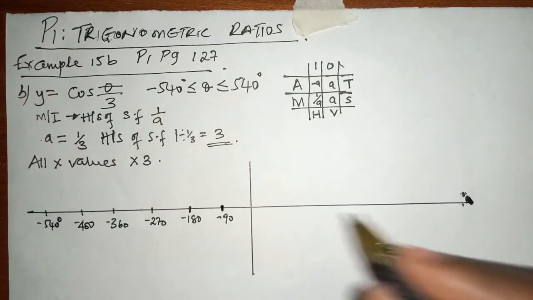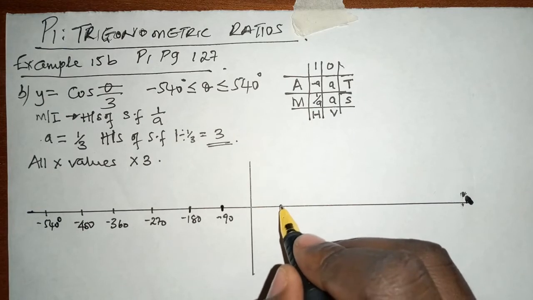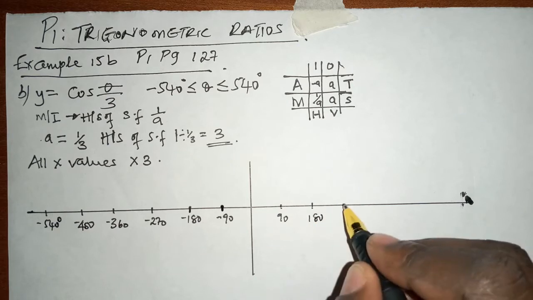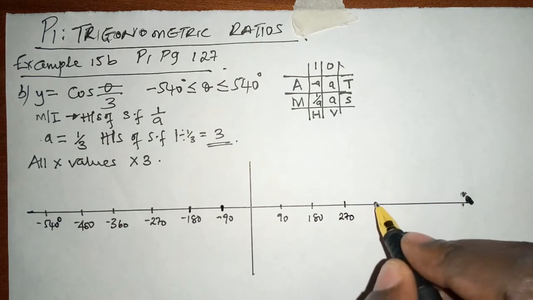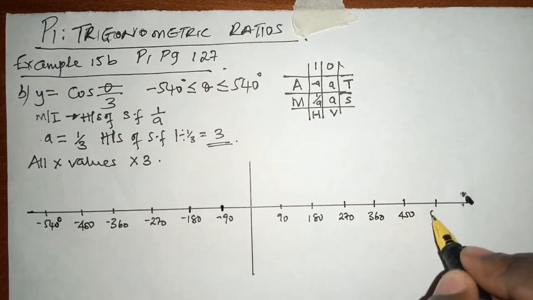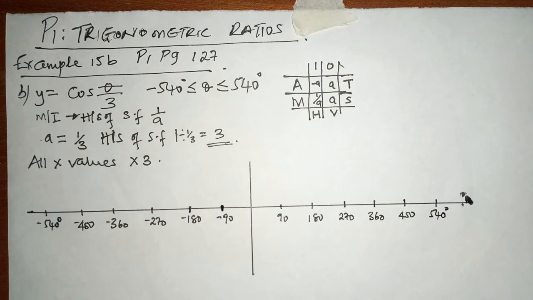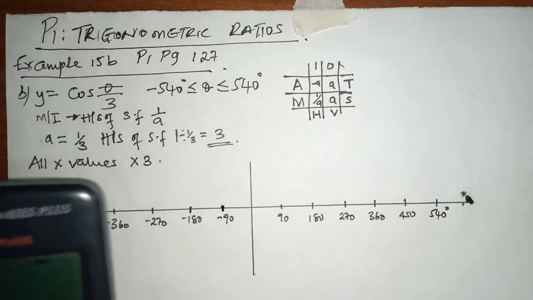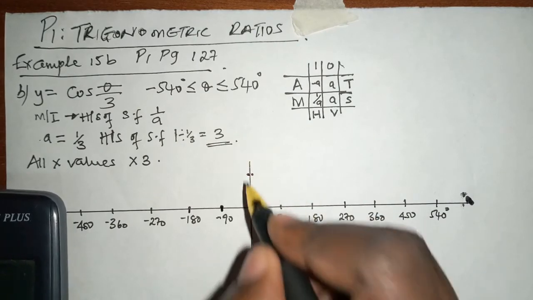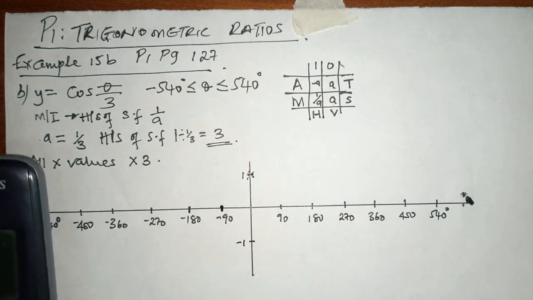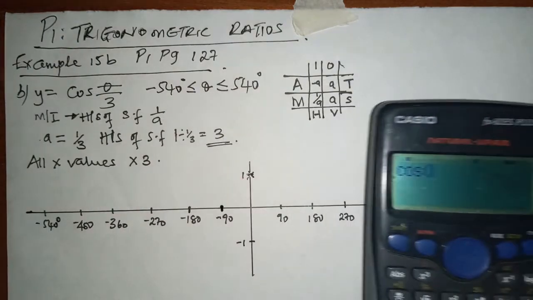Note the range. On the positive side, we have 90, 180, 270, 360, 450, and 540 at that particular point. The graph of y equals cosine of theta always oscillates between positive 1 and negative 1.